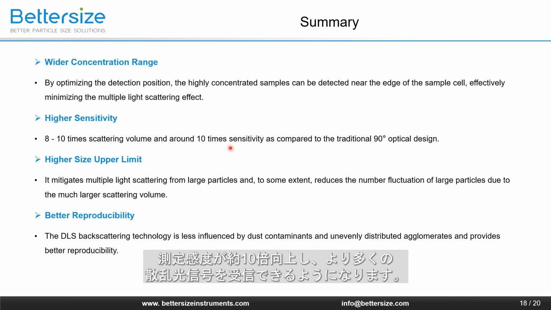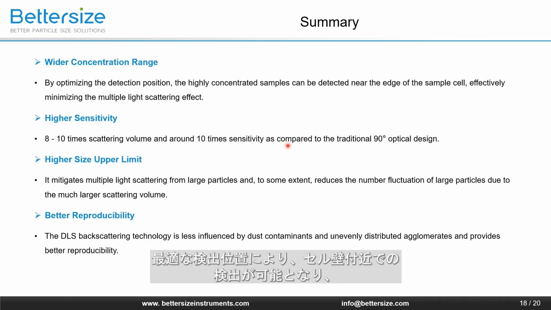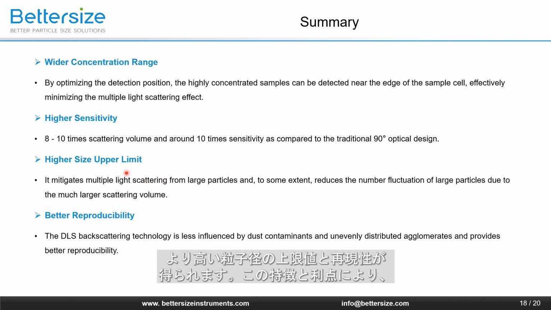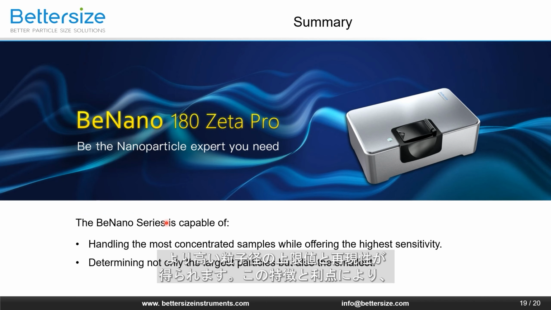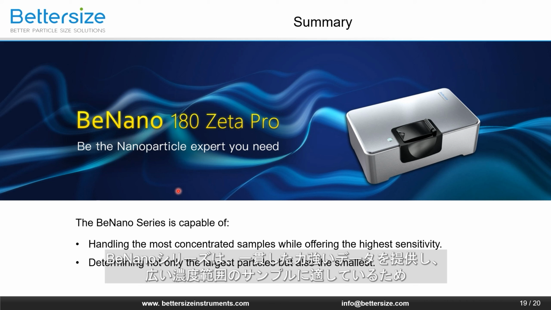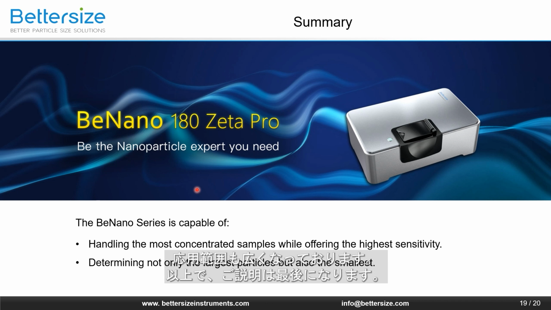Therefore, it brings about 10 times measurement sensitivity, allowing more scattered light signals to be received. The optimal detection position enables the detection near the sample cell wall, so higher size upper limit and better reproducibility are achieved. With these features and benefits, the BeNano series provides consistent and robust data, and is suitable for samples with widest concentration range, and therefore has the widest application range.